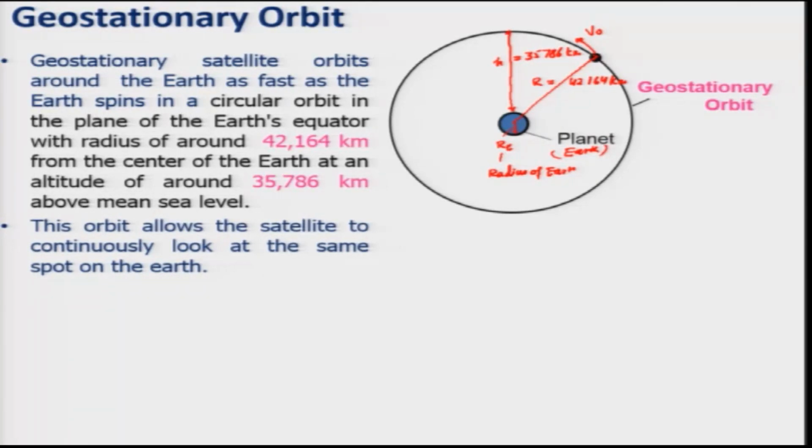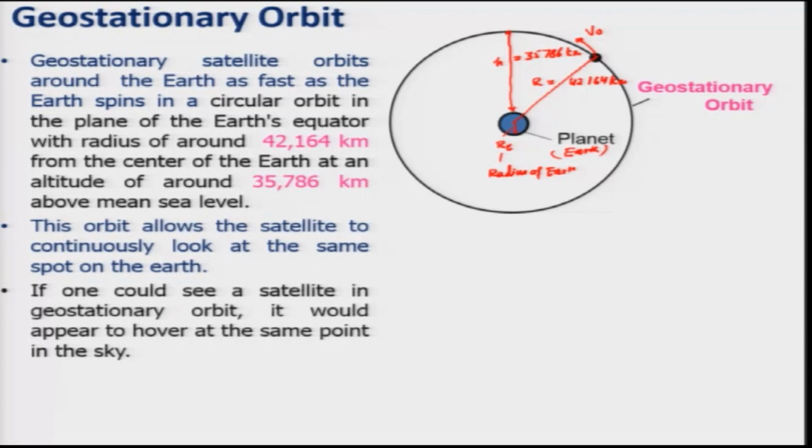In other words, if one could see a satellite in geostationary orbit, it would appear to hover at the same point in the sky. That means, if you look with a good telescope, you will find the satellite at the same point in the sky.